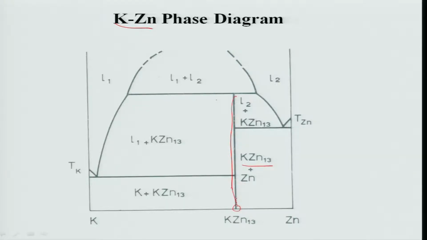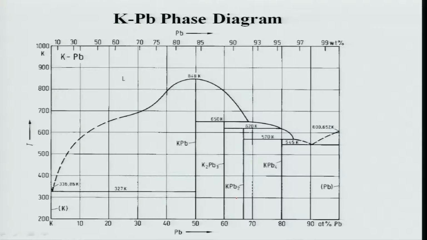In fact, this is a peritectic type of phase which forms by the peritectic reaction. Similarly, for the potassium lead phase diagram, there are many intermediate phases forming due to peritectic reactions. The one which is important here is the congruent type like KPb, which forms directly from the liquid without any peritectic reaction.